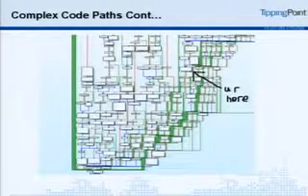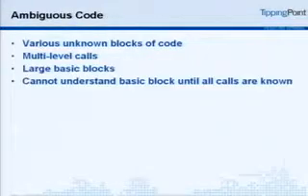So the green lines and red lines are different branches, different ways you can go on a branch. These are all basic blocks. If you look at this, you would probably just go get coffee and forget about it. It would take you forever to reverse this out. Even with live debugging, you would have to single step through a lot of these and check all the memory and things of that nature, and it's difficult to navigate.